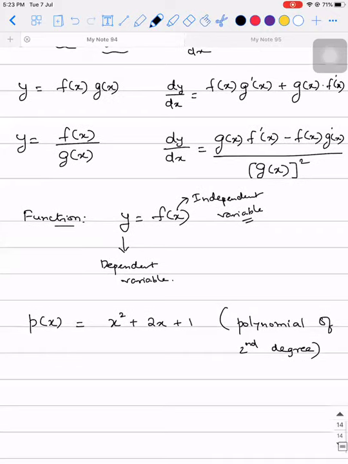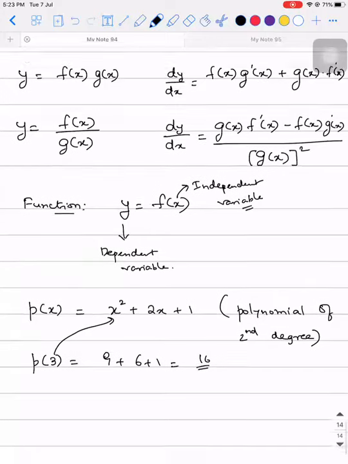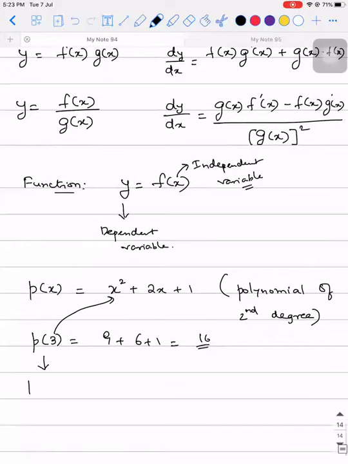So when they ask you what is p of 3, what will you do? You will take this 3 and substitute it in the place of x. So 9 plus 6 plus 1, which is 16. This p of 3 is called the polynomial value, that is 16, and p of x, instead of saying it is a polynomial of second degree, you will just use the term polynomial function.